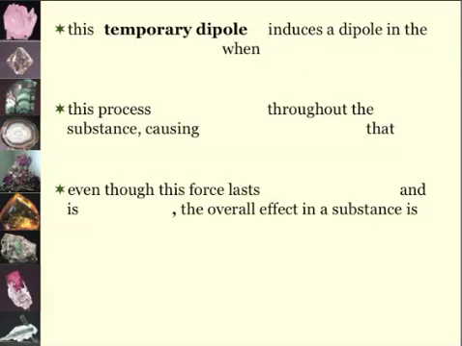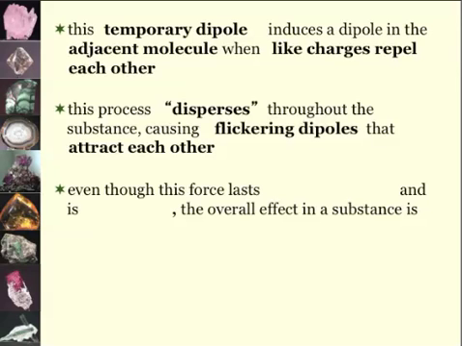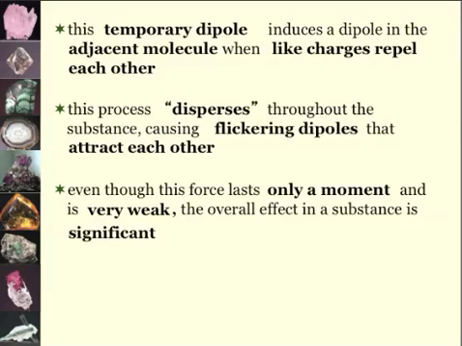So this temporary dipole induces a dipole in the adjacent molecule, since like charges repel each other. This process disperses throughout the substance, causing flickering dipoles that attract each other. Even though this force lasts only a moment and is very weak, the overall effect on the substance is significant.